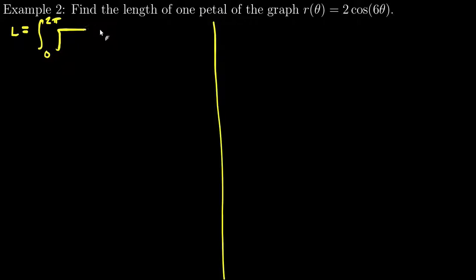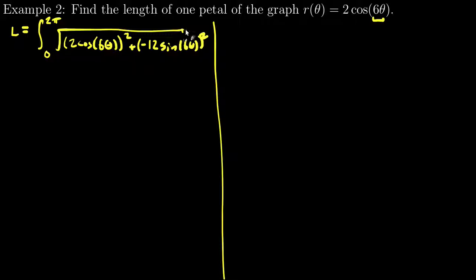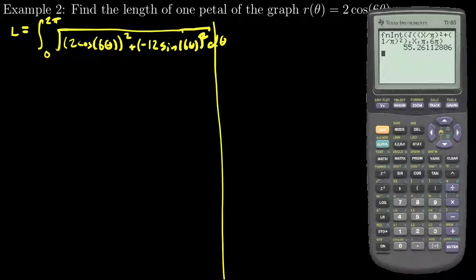And I do the square root of r of theta squared, so 2 cosine 6 theta squared, plus dr d theta squared, which is going to be negative 12 sine 6 theta. Negative 12 because I need to do chain rule with this 6 theta. Sine and negative because the derivative of cosine is negative sine, and this is squared d theta. So I'll go to the calculator and do that.